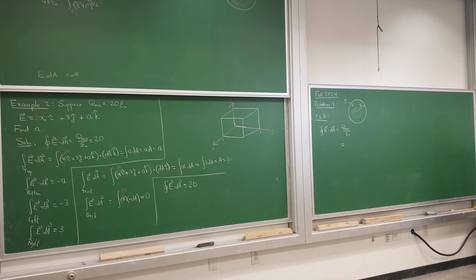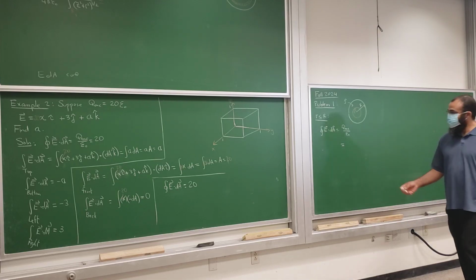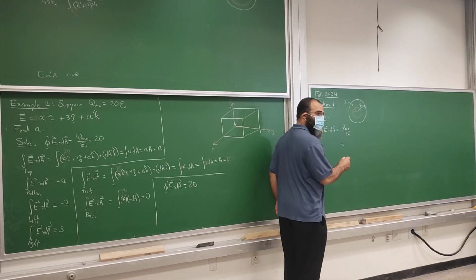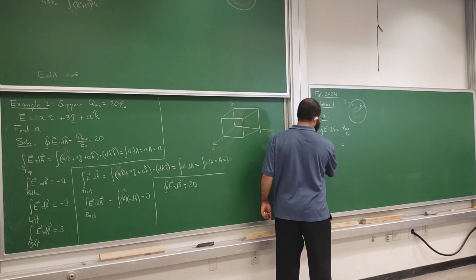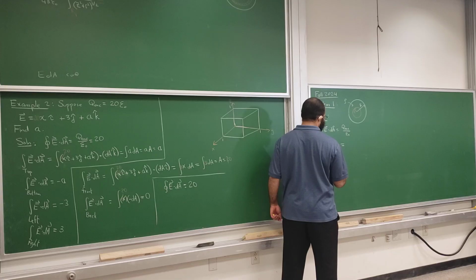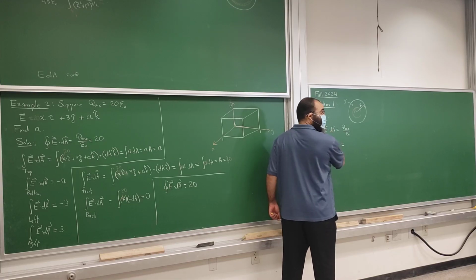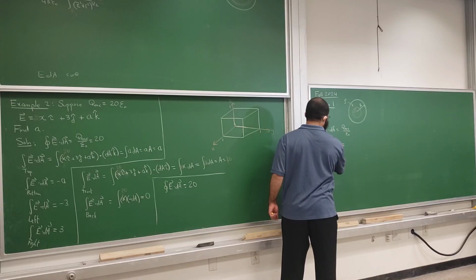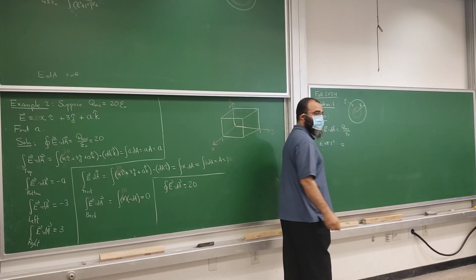How much is it? 4 pi r squared, yes. Little r or capital R? Little r, it's the Gaussian surface. So little r squared.